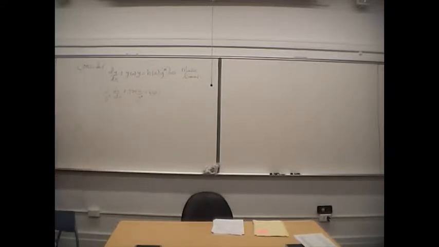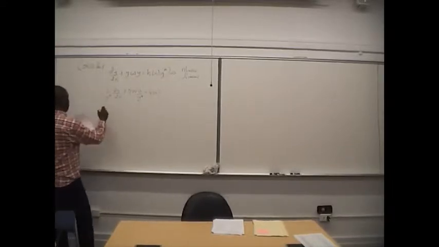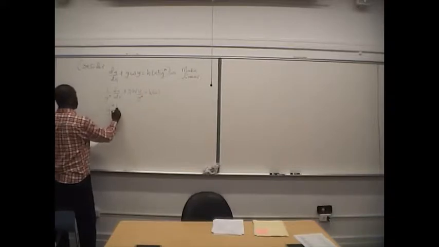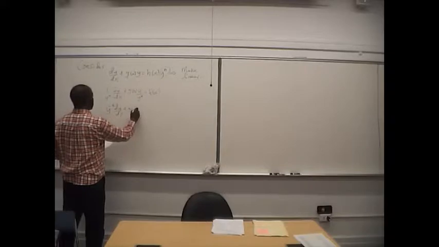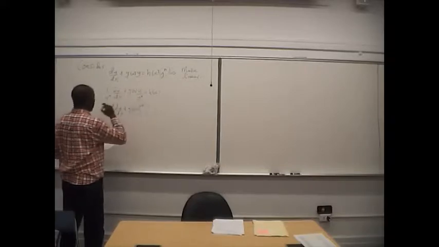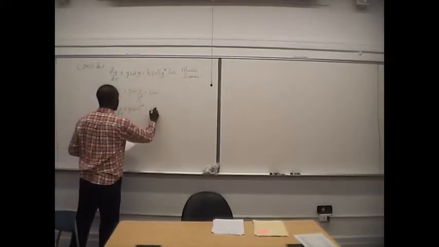So by doing this, I'm implicitly assuming that my function does not vanish at some point, otherwise this would be a very deadly move. Okay. Alright, so rewriting this is y to the minus n dy/dx plus q of x y to the 1 minus n equals h of x.